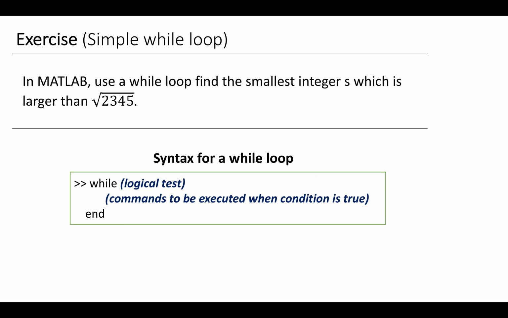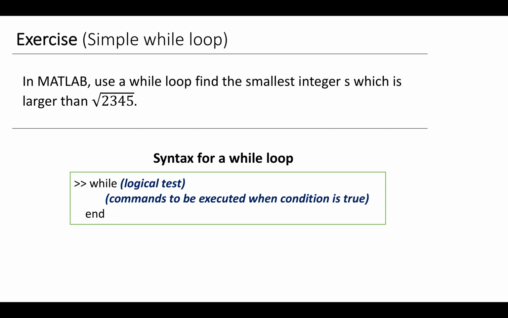If the logical test is true, Matlab will go to the next line. There'll be some commands there, and it will execute them. Then it'll go back up to the top line and repeat. Certain variables will update in the commands between the while and the end, and it goes back to the top line and asks, is this test still true?